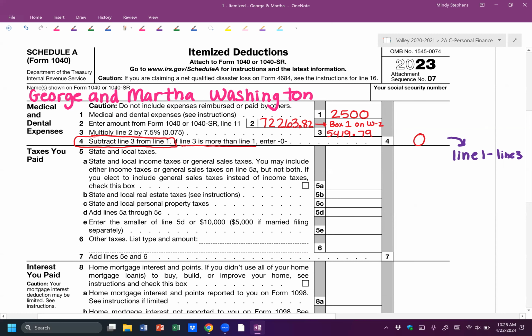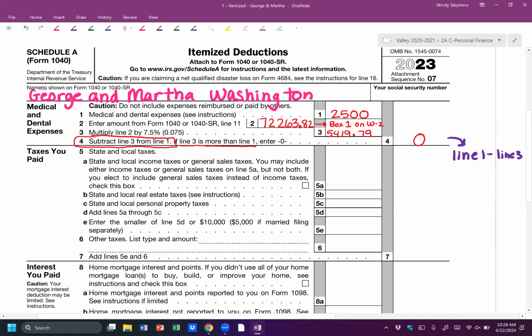If you ever get a negative, either you did something wrong or you're just supposed to enter 0. You will never have negative numbers on these forms, ever. On any tax form, there will never be negative numbers. If they go into the negatives, we usually just write 0, or you're doing something wrong. In this case, it would have given you a negative, which means you just put 0. But you just have to make sure you read both parts of that line. Subtract, but if 3 is bigger, enter 0. Okay, so both parts of those are important.